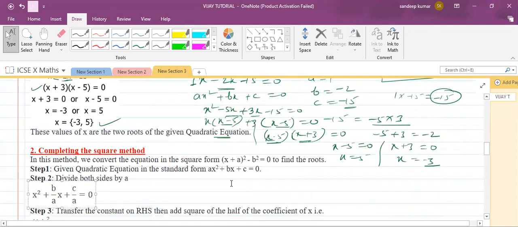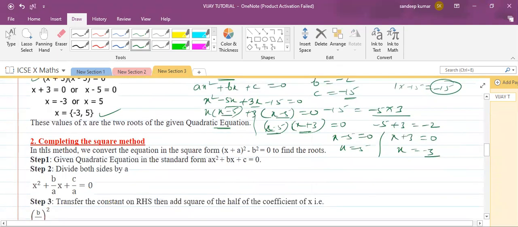Next method is what? By completing the square. Second method. In this method, we convert the quadratic equation into the square form, x plus a whole square minus b square is equal to 0, to find the roots. So here we have to follow some steps. The given quadratic equation in standard form is x square plus bx plus c is equal to 0.